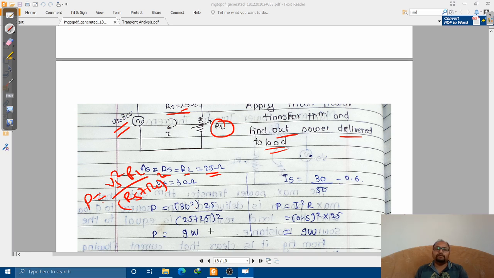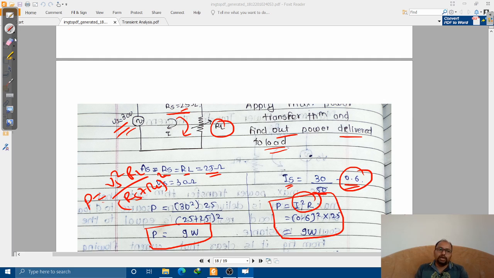Once I compute this, I will get 9 watt. By calculating the current flowing through this network, I get 0.6. So 30 is the applied voltage and 25 plus 25 is 50. So 30 divided by 50 is 0.6, and if I compute the power, that also gives me 9 watt.